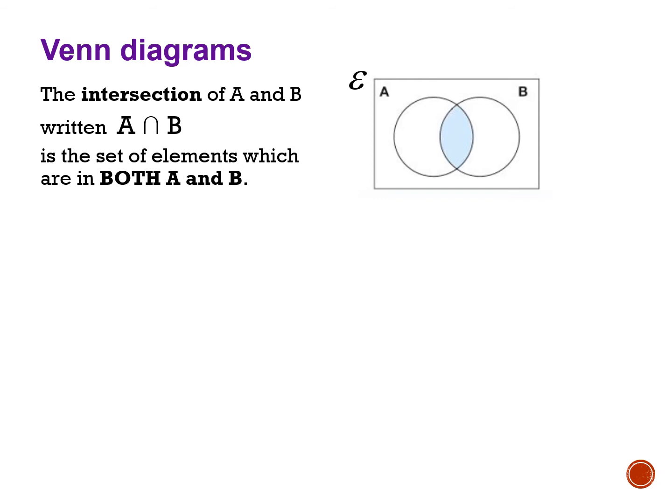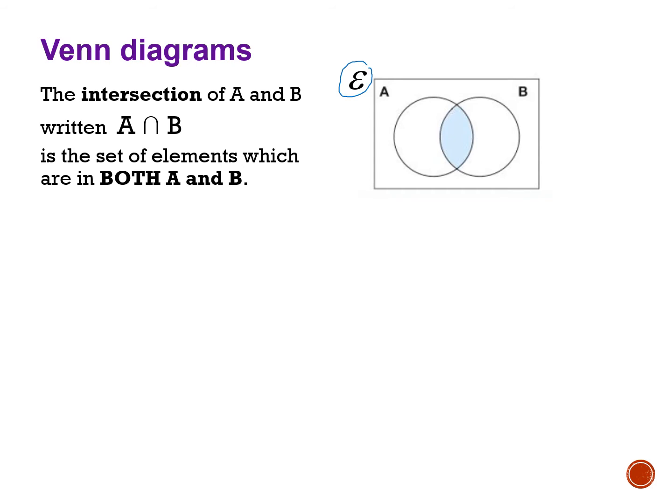Notice in this Venn diagram, I've got my circle A, I've got my circle B, and I've got them overlapping. Notice I've drawn a box around it and I've put E next to the box, because that is my universal set. So anything in that box is the things I'm discussing for that particular problem.